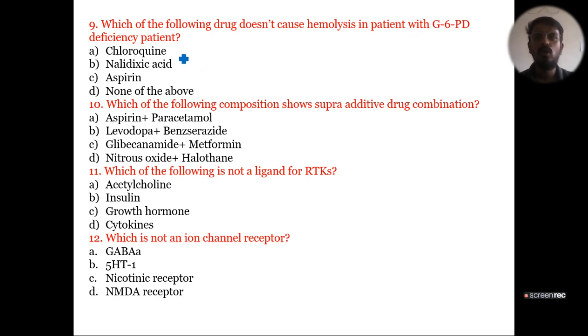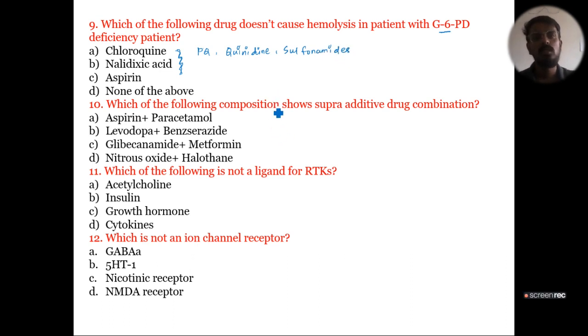So all these three drugs will cause hemolysis if given in G6PD deficiency. Other drugs like primaquine, quinidine, and sulfonamides also cause hemolysis.